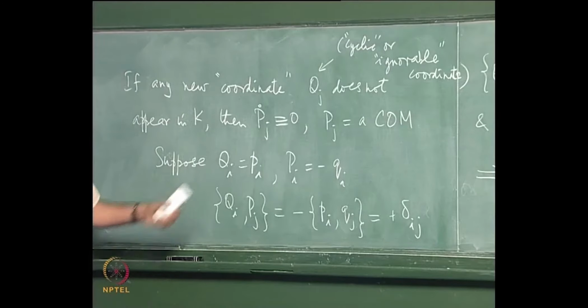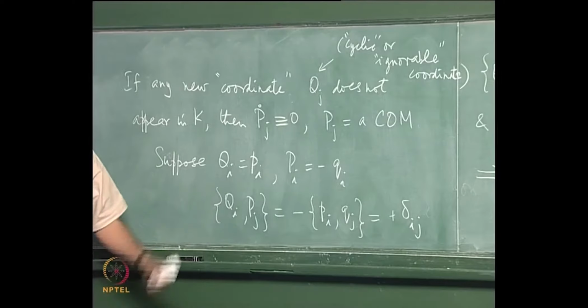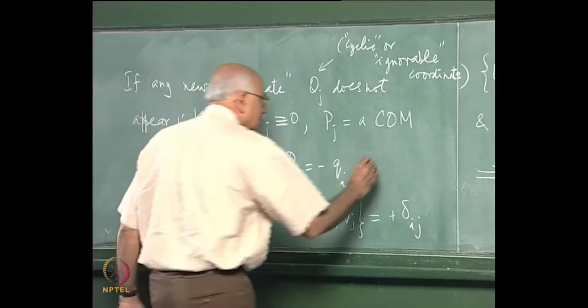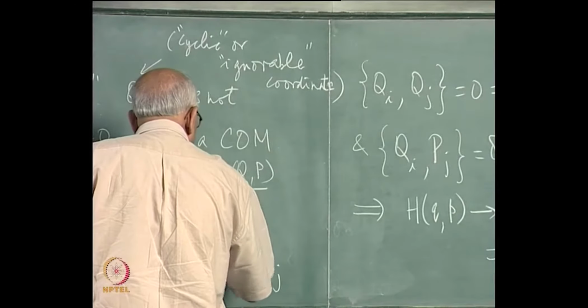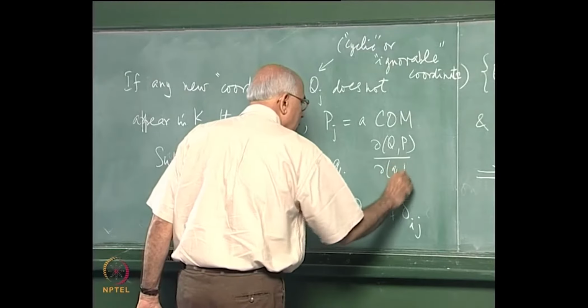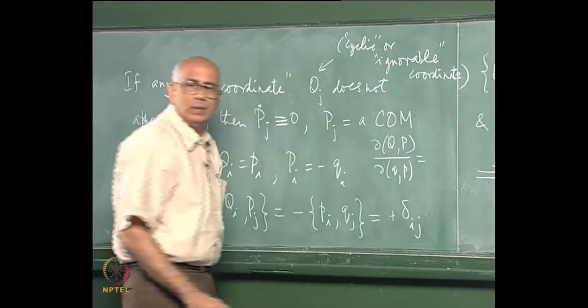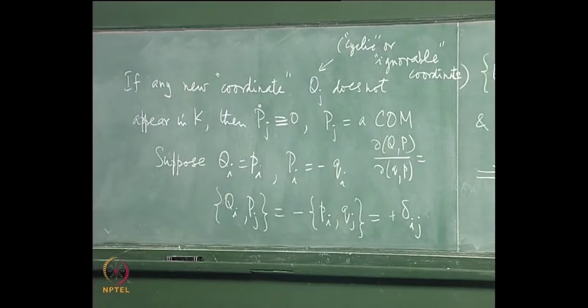And what happens to the determinant of the transformation? What is the determinant of this transformation in this case? So delta Q comma P over delta QP is equal to this Jacobi determinant.